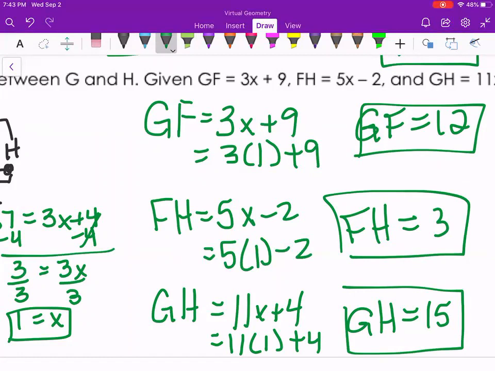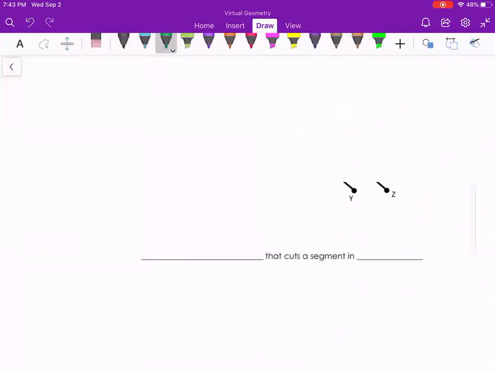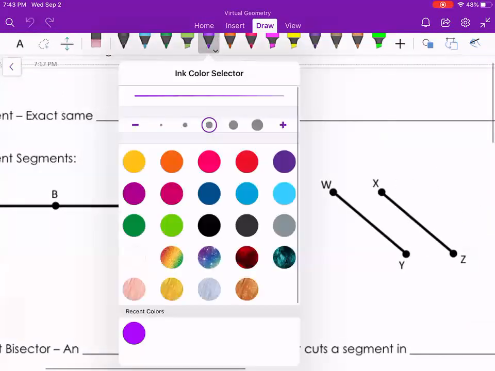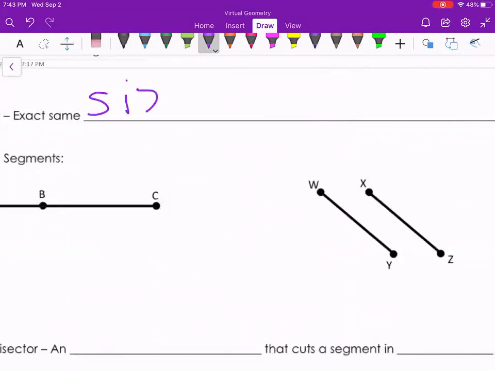All right, so from your segment addition, we also get another postulate, which deals with congruence. Now, congruence is more than just saying things are equal. Specifically, congruence means we're looking at the exact same size and shape.